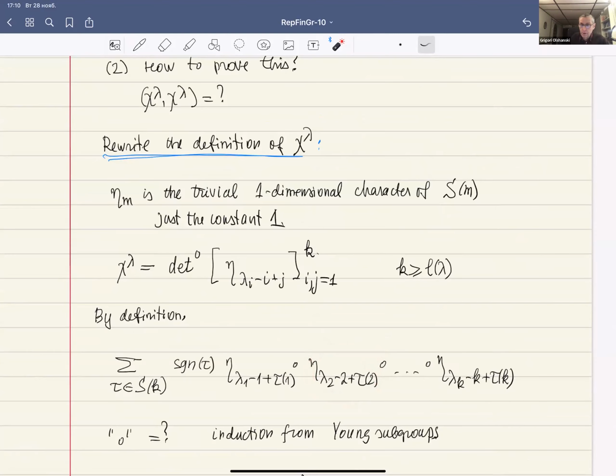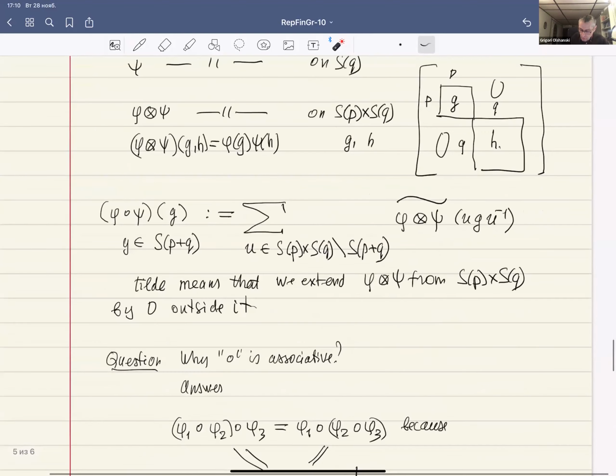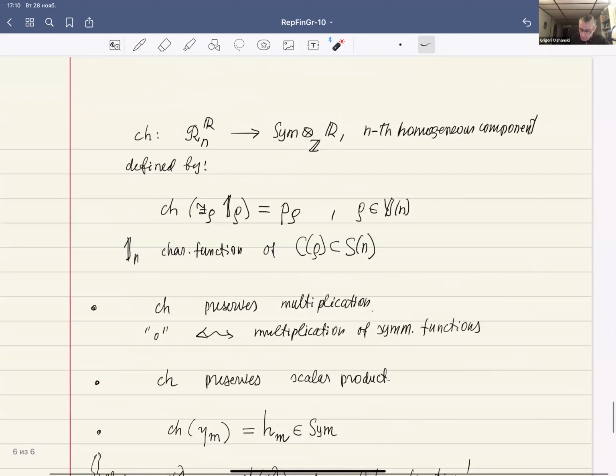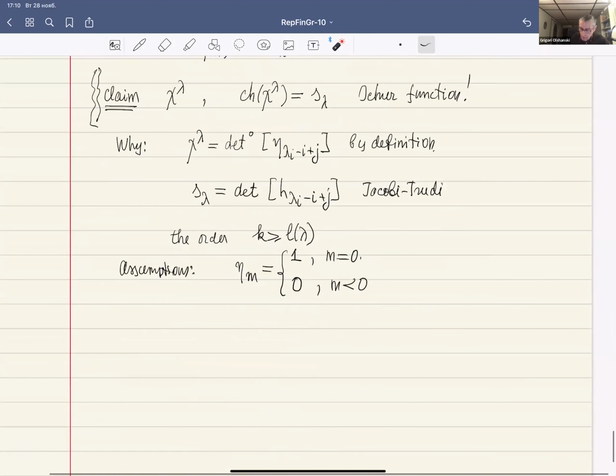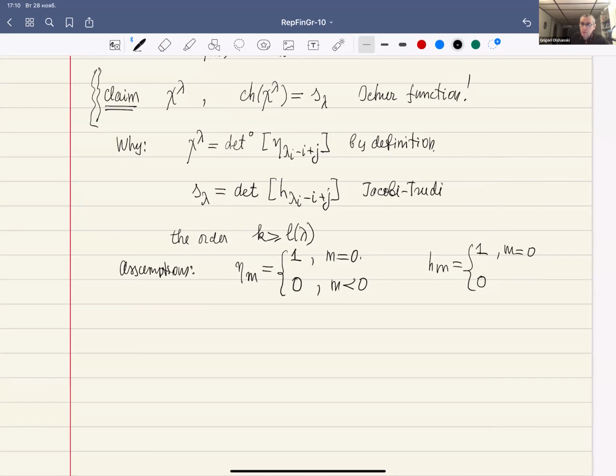This just corresponds to the fact that H_m is said to be equal to 1 if m is 0, and it is understood as 0 if m is negative.